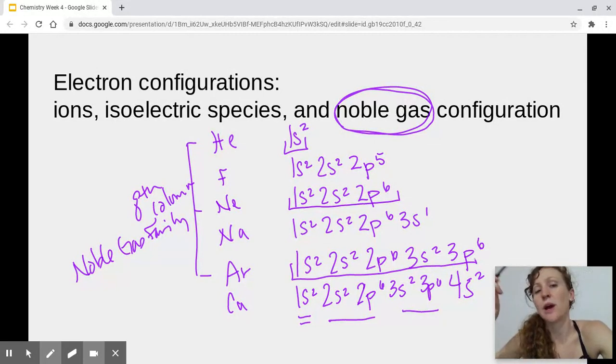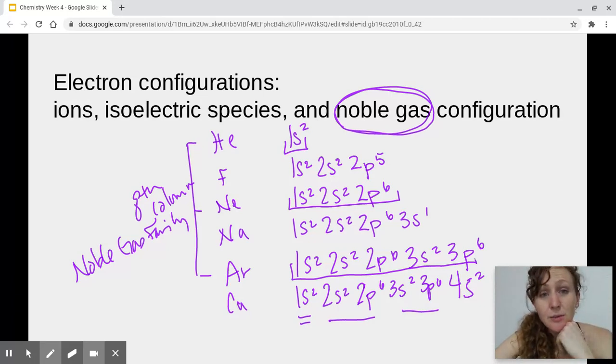And that's true no matter where you go. Even if you go on the very bottom section, it's going to have every S and P shell, which are your valence shell, filled, and anything below that will be filled also. So noble gases are a really good stopping point for us.